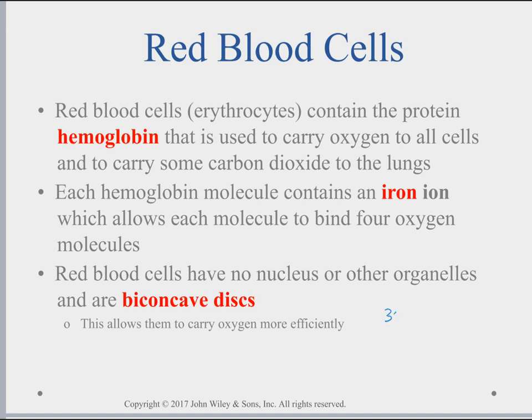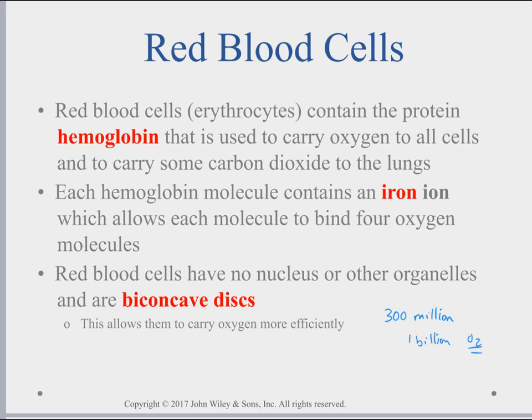Roughly 300 million hemoglobin molecules. 300 million little proteins. So that means if each one carries 4, we're at about 1 billion molecules of oxygen carried in each red blood cell. That's amazing. That's a number that you really have to wrap your head around, okay? So just put some real numbers to what this does.